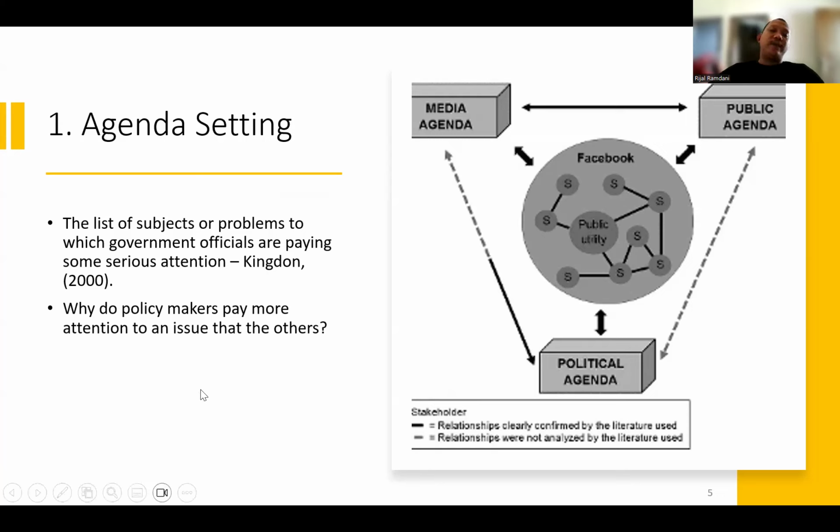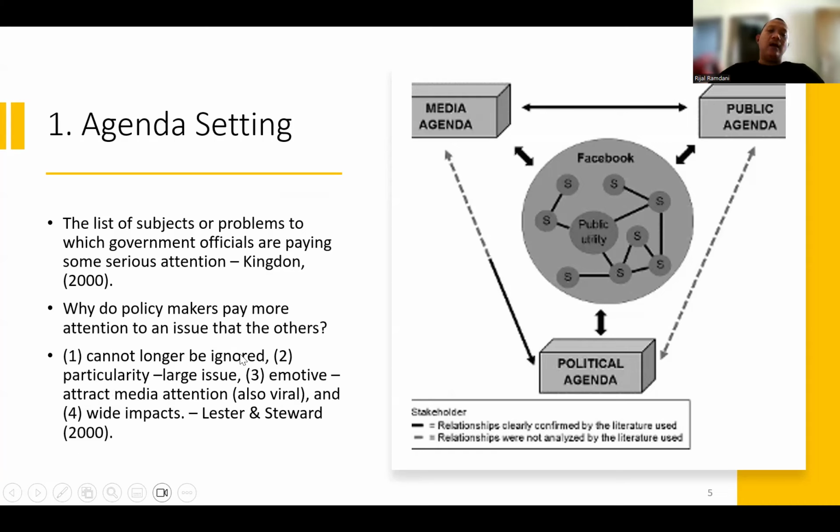And why do policymakers pay more attention to an issue than the others? Because there are three reasons here. The first is the issue or the problem can no longer be ignored. And the second, it has large impact, attracts media, and has wide impact within the society.